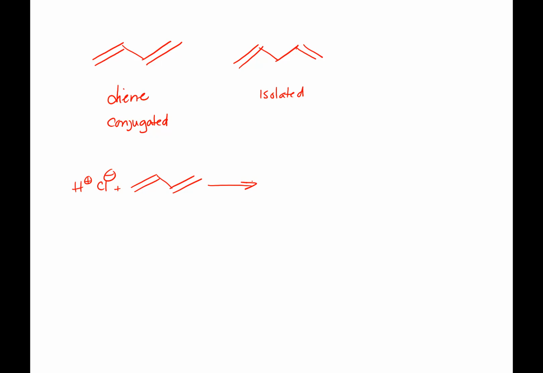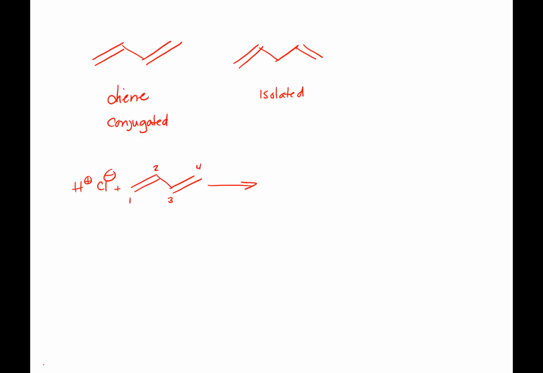Now the first question is, where should I add the H plus? In dienes, we always have this 4-carbon system. That's the two double bonds that are next to each other. We always label those 1, 2, 3, 4. And here's the rule. There's two rules. Always add the H plus to the ends of the diene system.